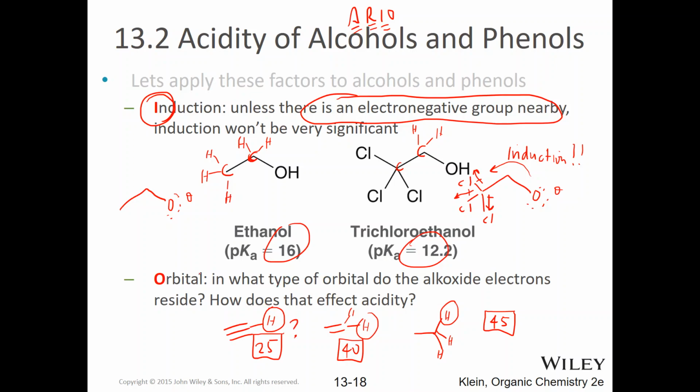Why? Here's the answer. Okay, so that's review from chapter 3, but that's something that you want to go back and look at. The orbital the electrons that are left behind reside in. Okay, bring that question to class if you like.